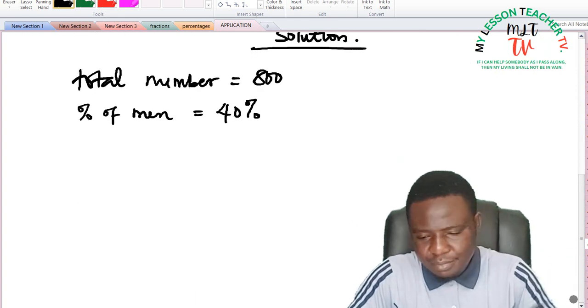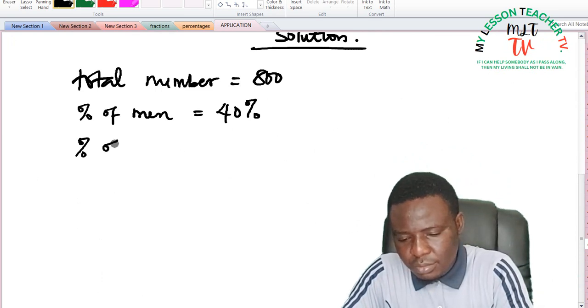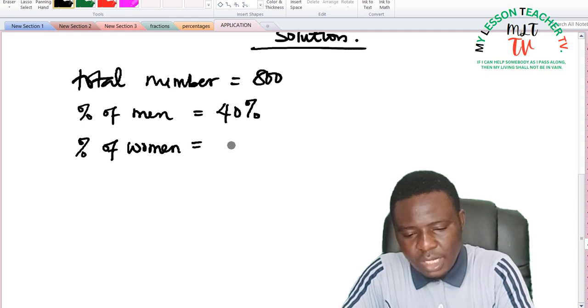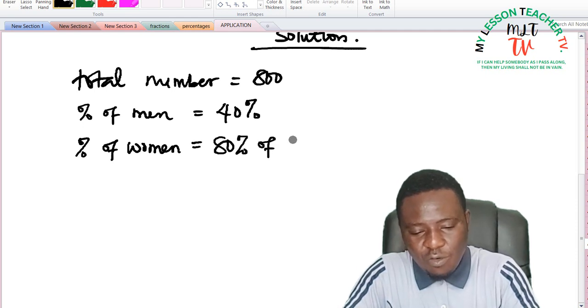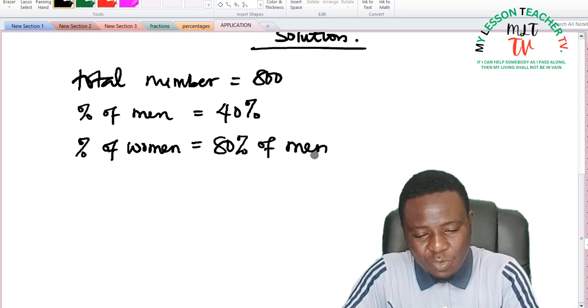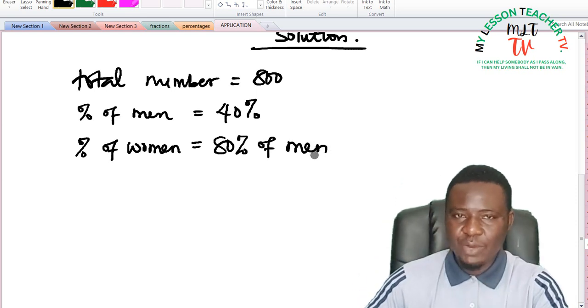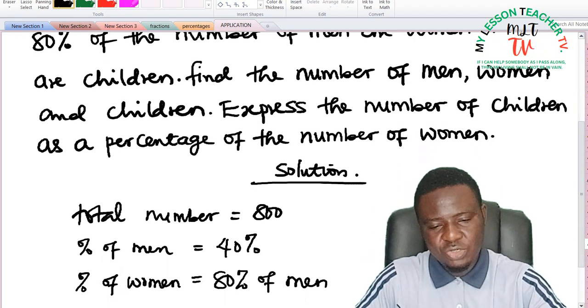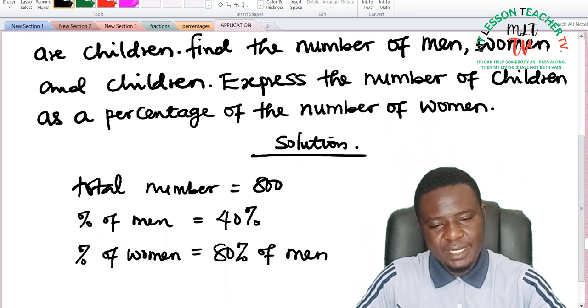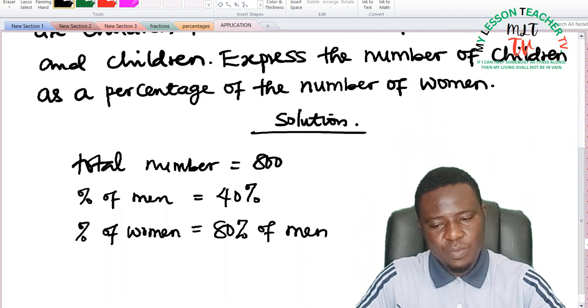Percentage of women are said to be 80% of men. So for us to get the number of women, we must first of all know the number of men. The rest are children. We should find the number of men, women, and children.